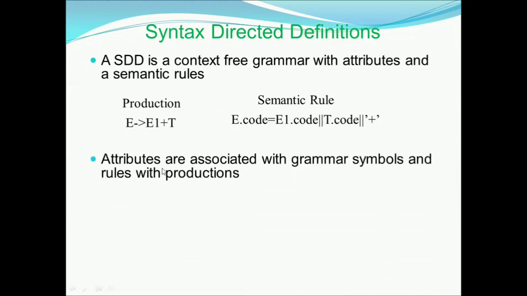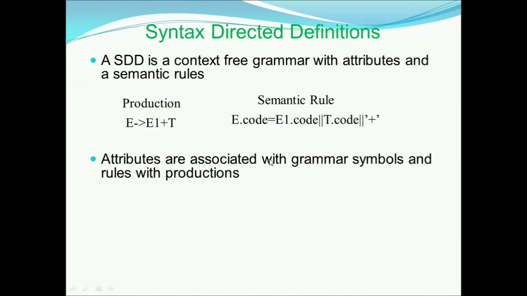So it means the attributes are associated with the grammar symbols and the rules with the production. I mean to say that the semantic rules are associated with the production, and in each particular node, an attribute value is associated with a particular symbol. So that's why it is called syntax-directed definition.